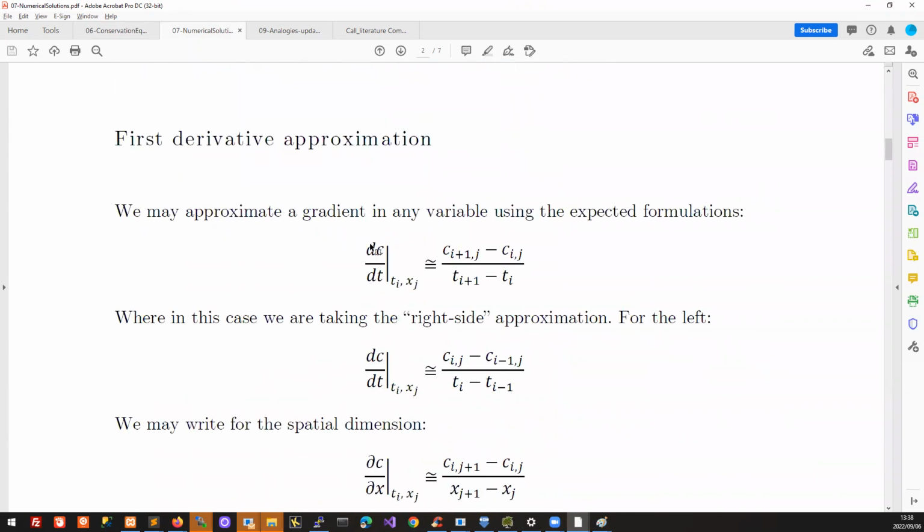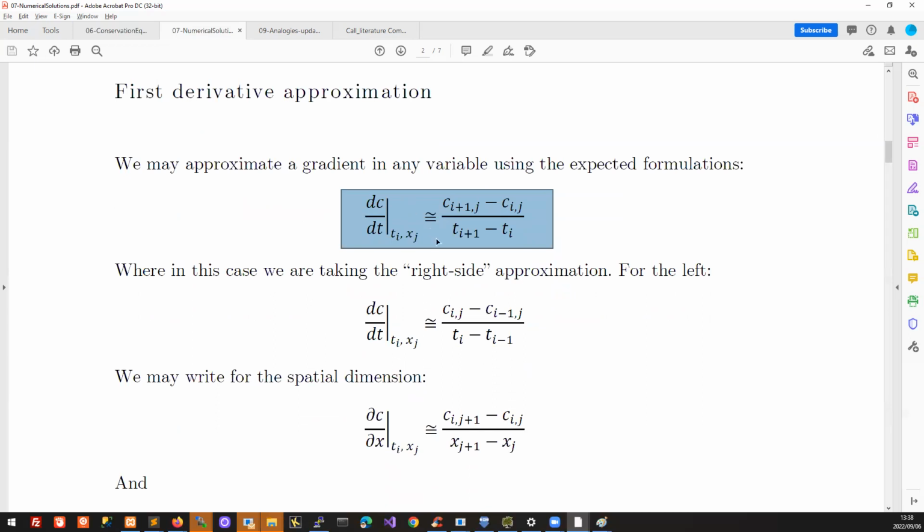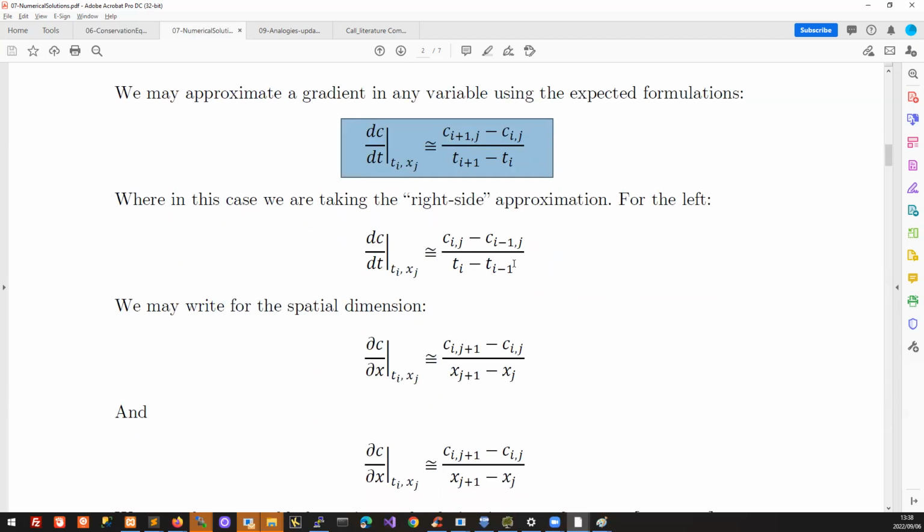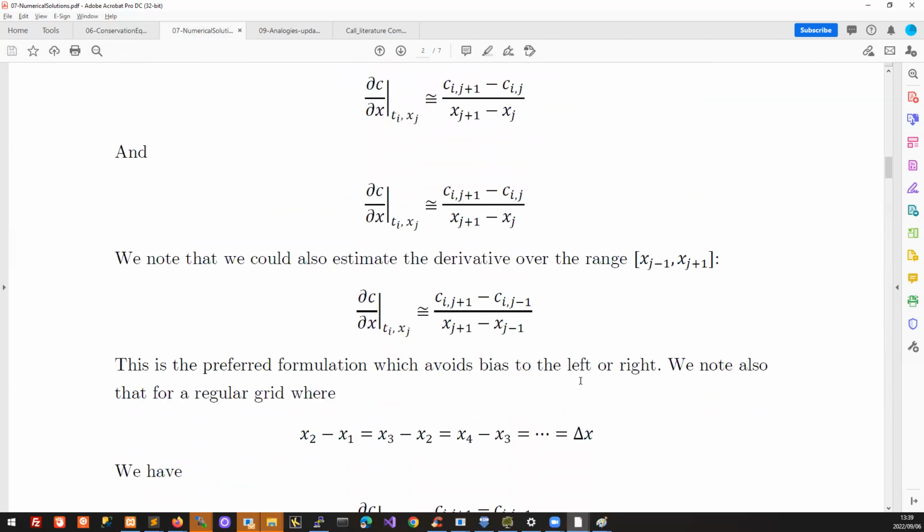Of course you can estimate a derivative using this formula, right? The gradient of c with respect to t is of course the change of c divided by the change in t. So that's an estimate of the first order derivative. And you can define left side and right side derivatives, if you are working between i and i minus 1, or between i plus 1 and i. So those are left and right side derivatives.